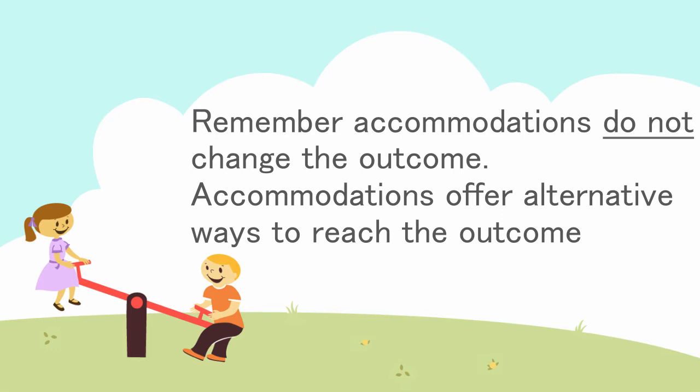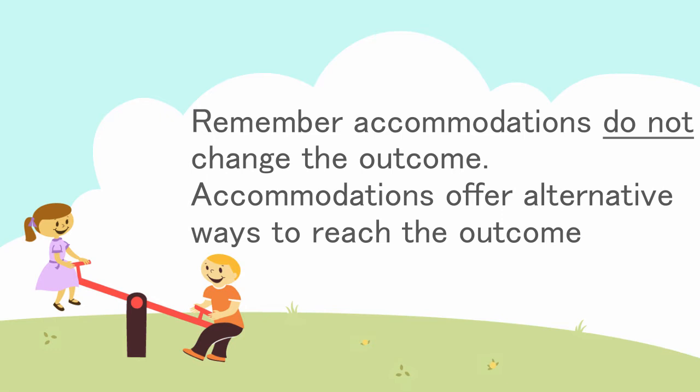It doesn't necessarily change what they have learned. In fact, accommodations just offer an alternative way to reach the outcome. So like I said with the free throw shot, all the students are still learning about the free throw shot, how to perform it. They just have different accommodations.